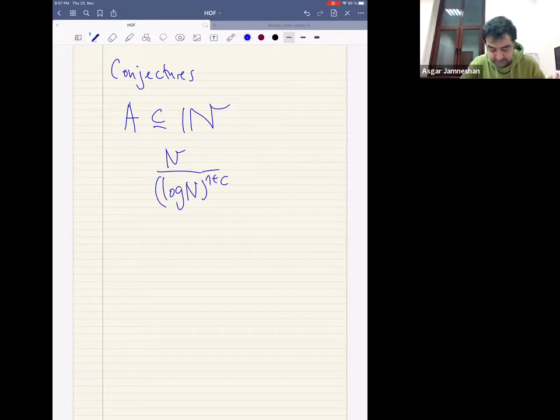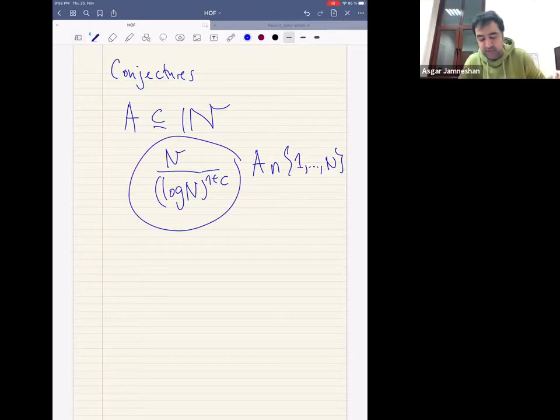So what it means is that the proportion of A, or the number of elements of A in the first n elements, should be asymptotically larger than this quantity here, n over log n to the power 1 plus c, and c is a positive number.